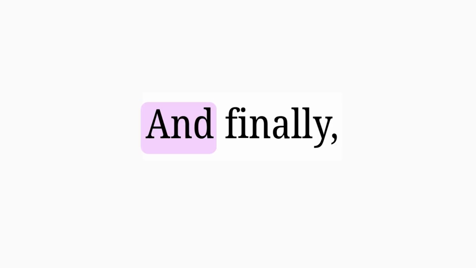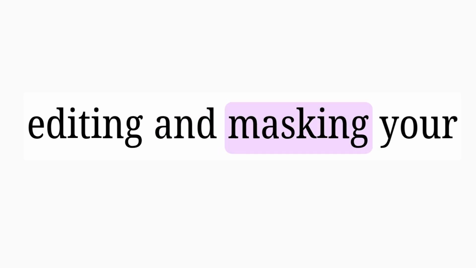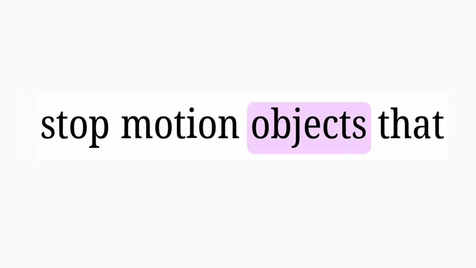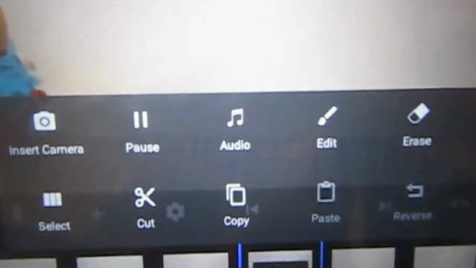Okay. And finally, editing and masking your stop motion objects that you want to float. Okay, so you're going to have your almost finished animation opened in Stop Motion Studio. And you're going to click erase. Make sure that you have, like I said before, one picture without it and one picture with it.